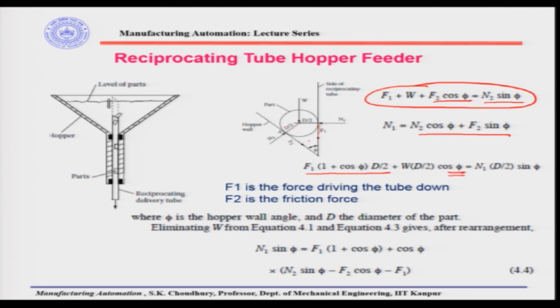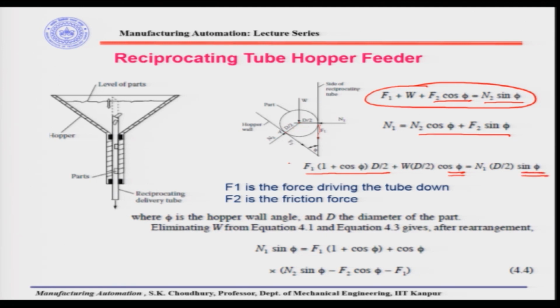This moment will be in the clockwise direction, because F1 is giving that moment, and W is giving that moment. It will be resisted by something coming anti-clockwise, and that is N1. N1 acts from here to here, so it will be N1 into d by 2 into sin phi.